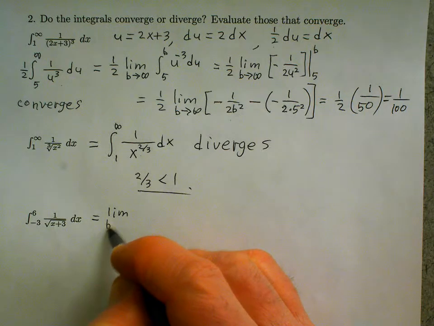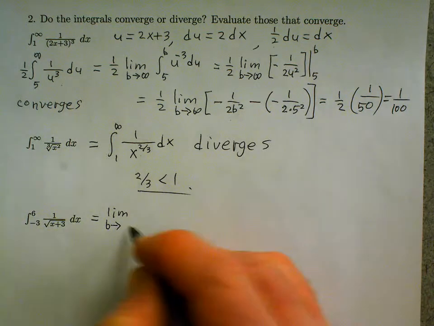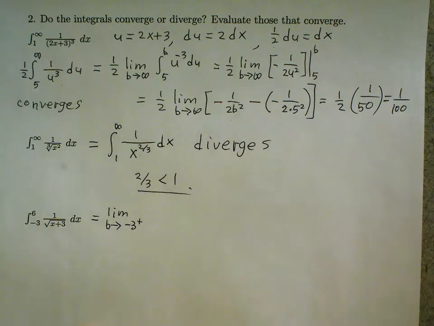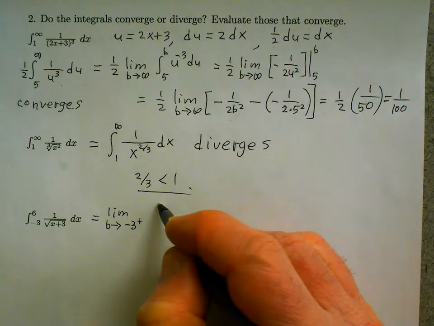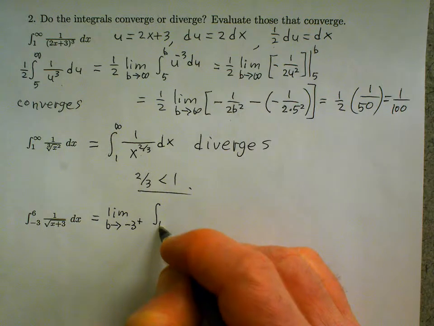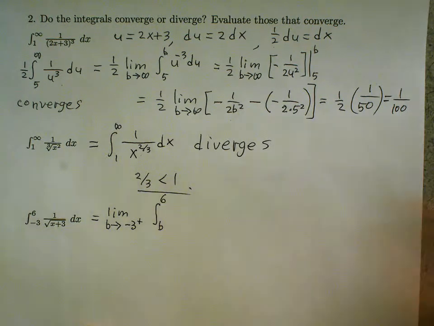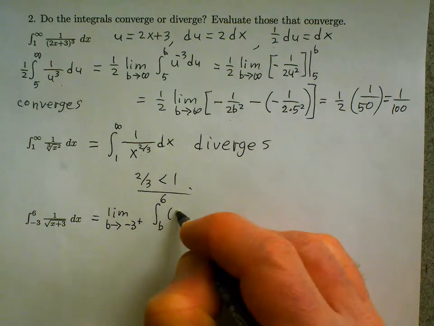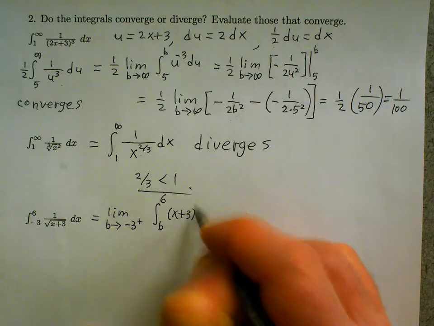Let's let b approach the number -3 from above, or from the right. And the definite integral will be from b to 6. And I'm going to replace 1/the square root of x plus 3 with (x plus 3) to the -1/2.